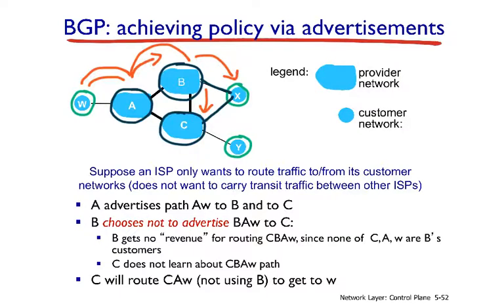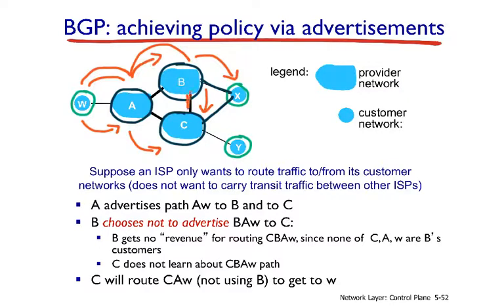The answer is no, because B and C are provider networks, so B doesn't need to use its resources to advertise a competitor network. So if C wants to know how to reach W, it is A that must advertise to C that it can reach W passing through A.